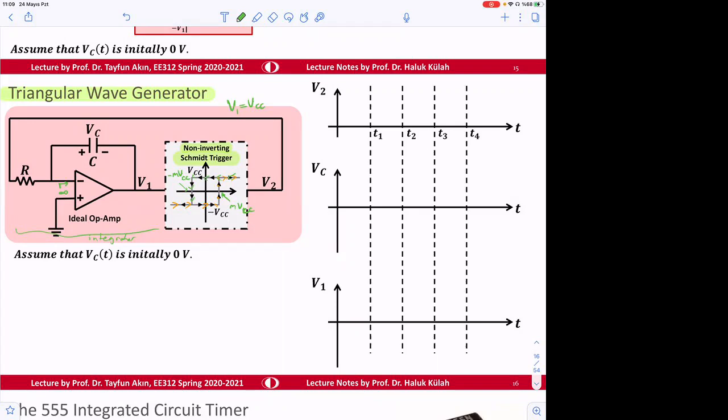And we have an ideal op amp in there with a gain of infinity, and there's a capacitor. So what is happening with this circuit? Here, we will again assume that output V2 starts with something. It's going to be either VCC or minus VCC. We can start by assuming that VC is initially 0.